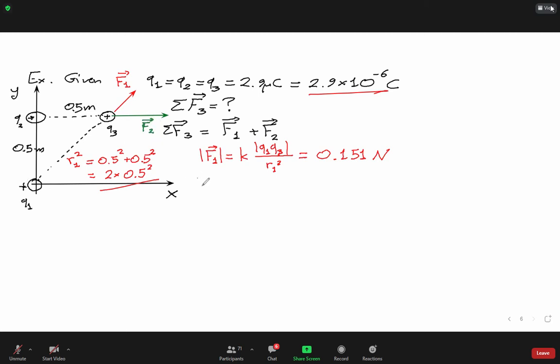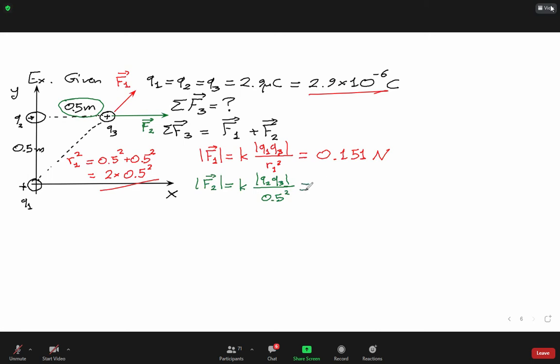What is the magnitude of F2? Well, it's the same ugly constant K. The product of the two charges involved in this particular interaction, which is Q2 and Q3, divided by their separation squared. But here the separation is just 0.5. Sorry, I forgot to close the absolute value here. 0.5 meters squared.